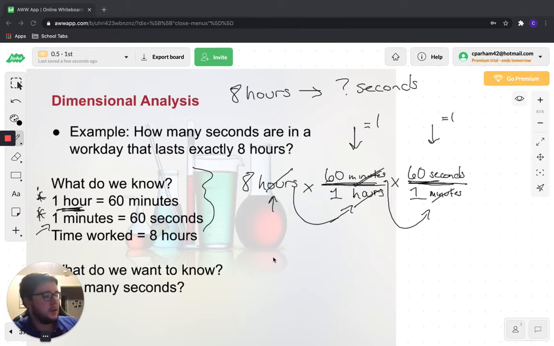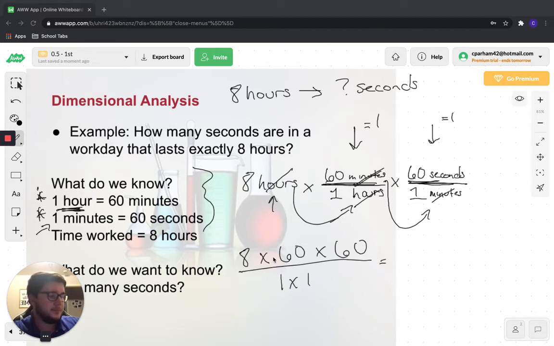Okay? So now my problem is set up. All I have to do is multiply my numbers together. I'm going to have 8, and I'm going to multiply by everything on the top, so times 60, times 60, and then I'm going to divide by everything on the bottom, divided by 1 times 1. Okay?